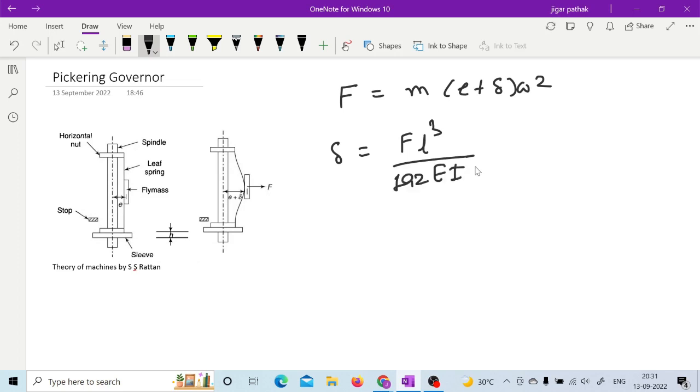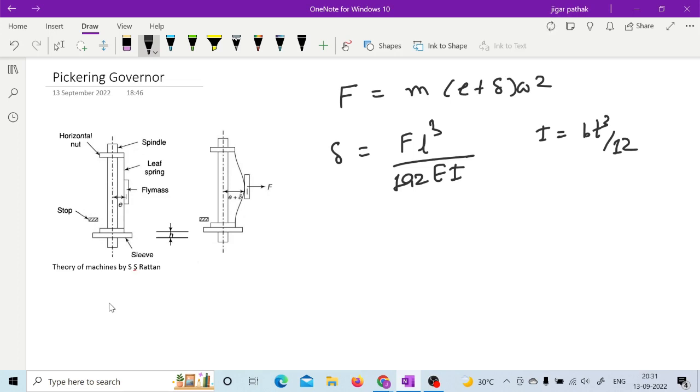Here I is the moment of inertia of the cross section of that spring, BT cube by 12, right? So this is how you can calculate the forces acting on that particular mass.